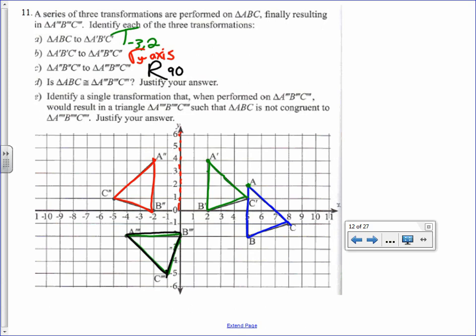Is triangle ABC congruent to triangle A triple prime, B triple prime, C triple prime? Is the blue congruent to the black? Yeah, it is. Why?